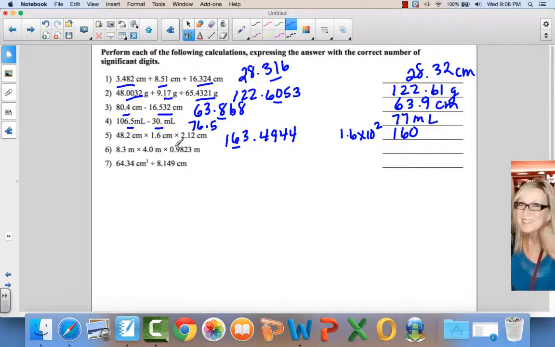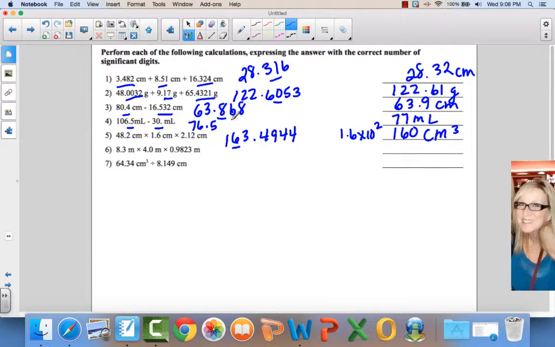Hope that wasn't too confusing. Alright, next one. Oh, I forgot my units. Centimeters times centimeters times centimeters, so cm cubed. Alright, 8.3 is 2 sig figs, 4.0, 2 sig figs, 0.9823, 4 sig figs.